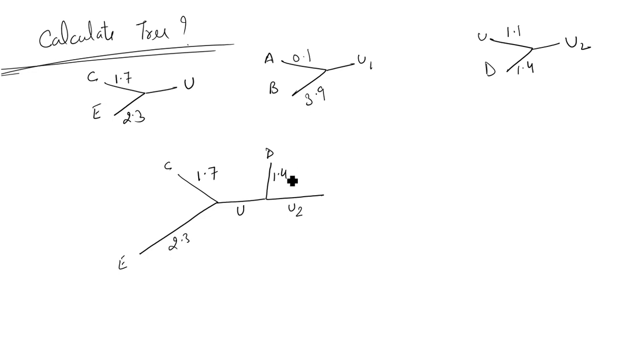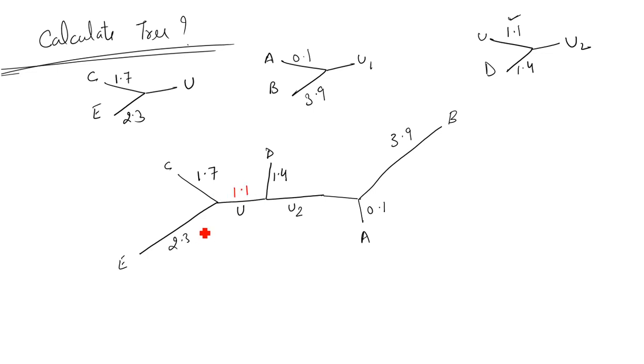Now again come here. Now what is U2? U and D. So it means you are going to merge this tree here with U1. So this is your U1. This one is your A and this one is your B. A is 0.1, B is 3.9. Now what is this value? Come back here. You have already calculated that, it is 1.1.